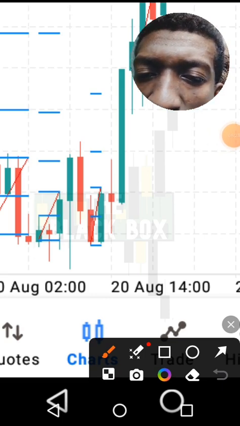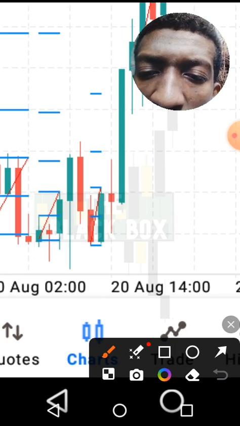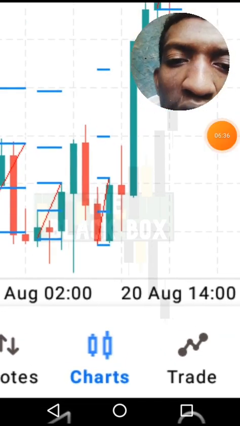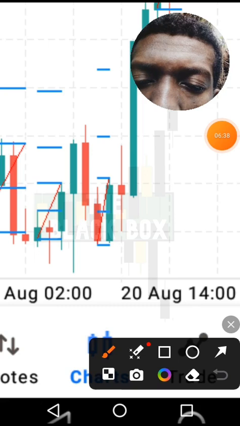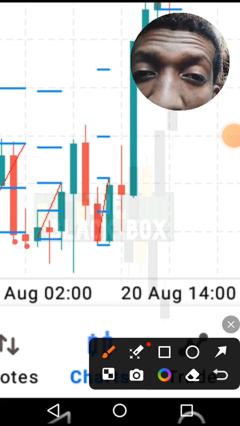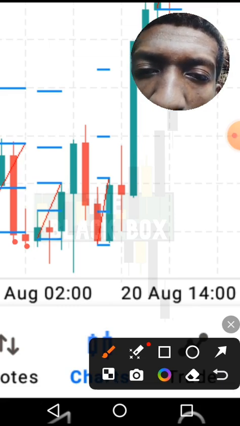So you measure from, as you can see, from this one to this one. Why? Because have a closer look. This candle's body is halfway below, right? The second candle's body is almost at halfway.